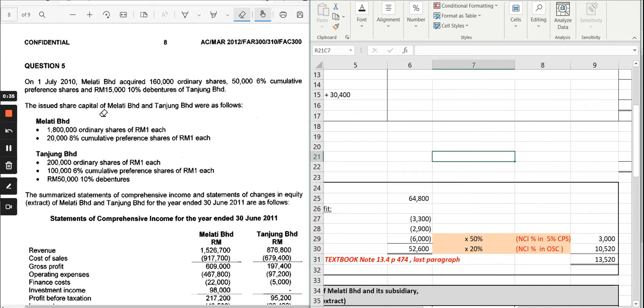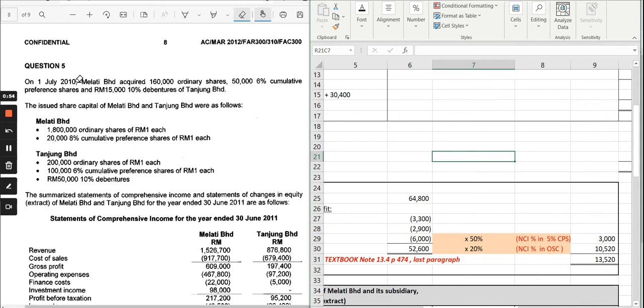In my previous video, I have already shown you the consolidation for the statement of profit or loss and other comprehensive income for a company that was acquired in the prior period. You can check the video in my playlist and you may find that.